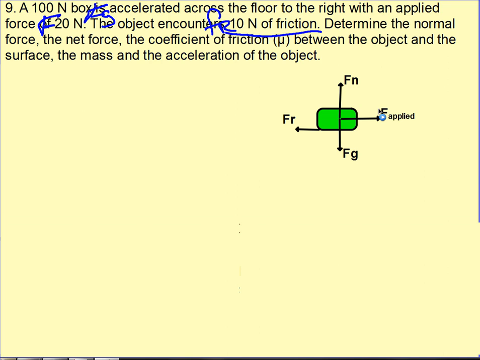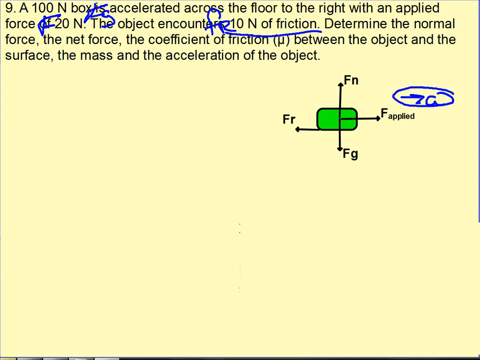Step 1, free body diagram. Fg goes straight down, Fn goes up. I didn't give a direction, so let's just make the applied force go to the right, friction to the left. And since it's accelerated, once again, make sure you give me the acceleration. It points this way.